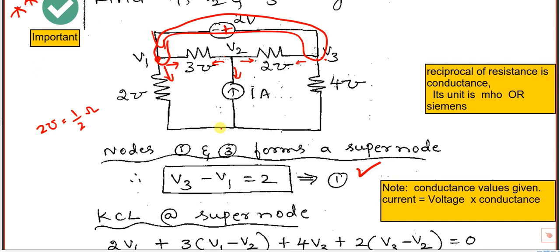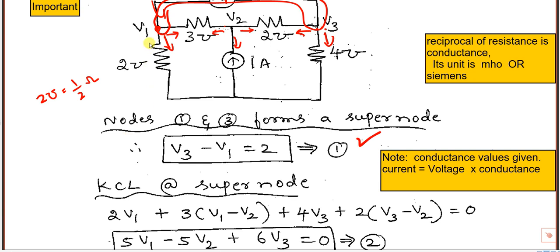Now apply KCL for the super node. These two currents on this side and two currents on the other side all belong to the V1 and V3 node currents. So first current is V1 minus V2 by 1 by 3.